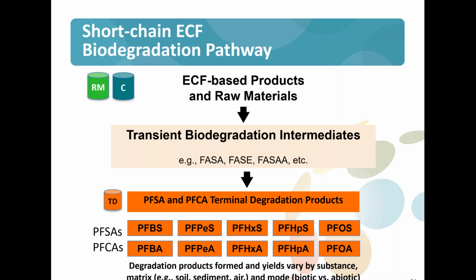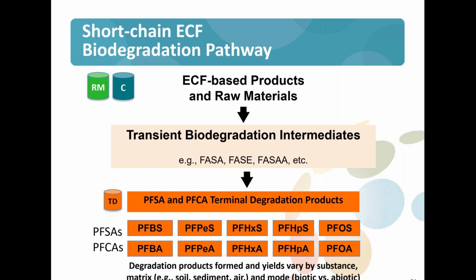Lots of acronyms here. You can look these up in the 2011 terminology paper or in the ITRC guidance. There are some really good pictures in some of the fact sheets about the degradation pathways and how they proceed through these substances.